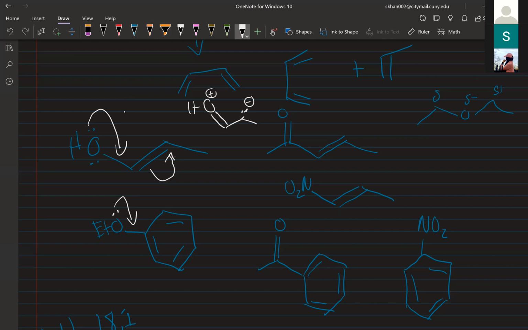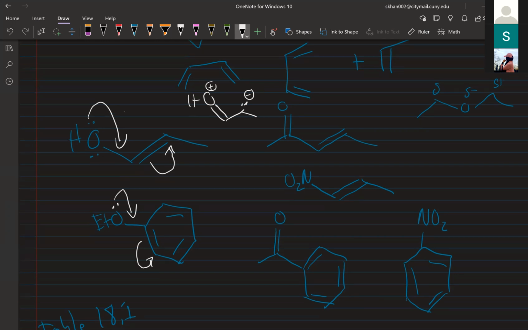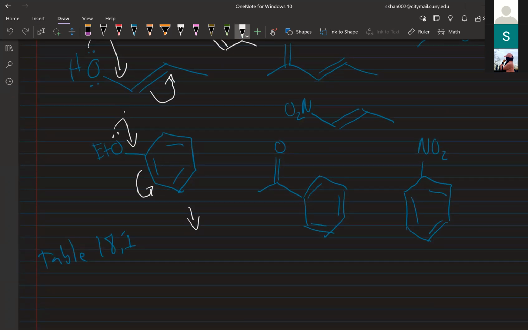I'll draw the ortho example, and draw this here. Now you have a double bond here. Now you see this phenyl ring; yeah, we broke aromaticity, but don't really worry about that. Now it's more electron rich.